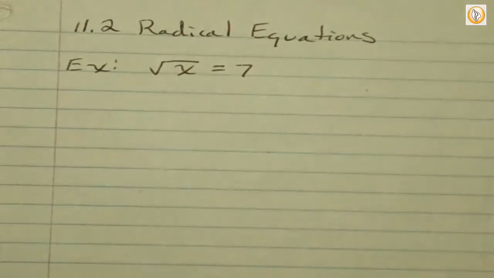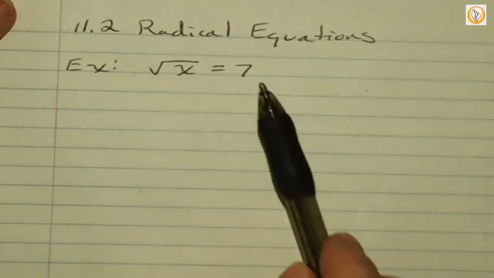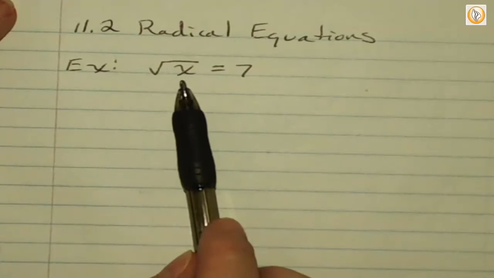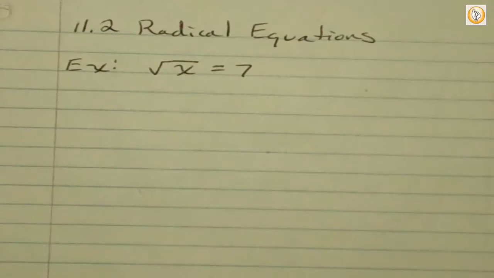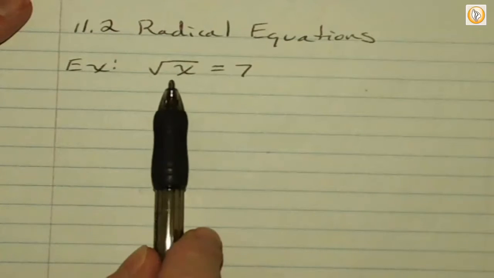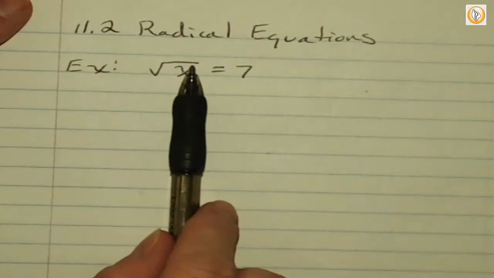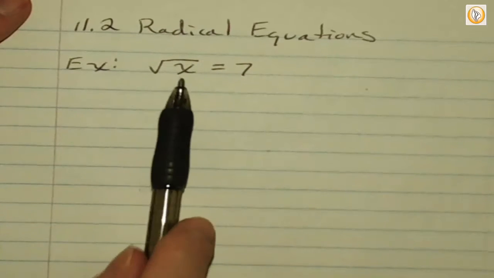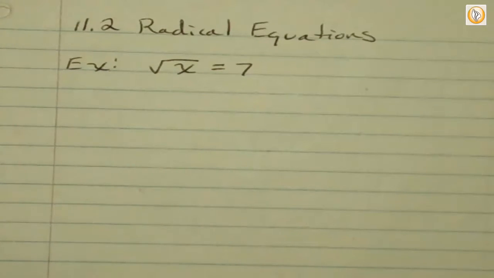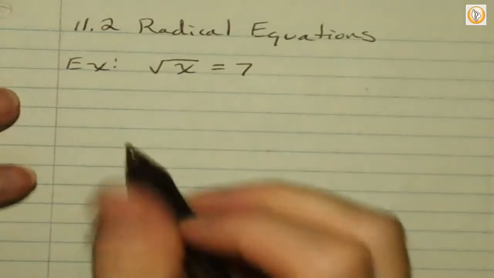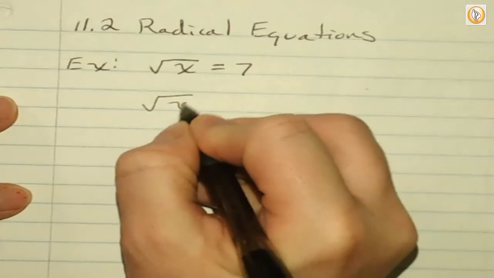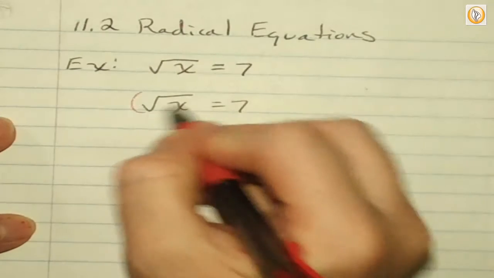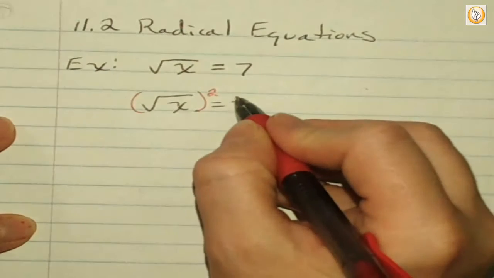What does x actually mean? Right now, we have the square root of x. That's not isolating the variable because we got to get x without the radical sign. So the only way to remove that radical sign is to, watch this, square both sides.